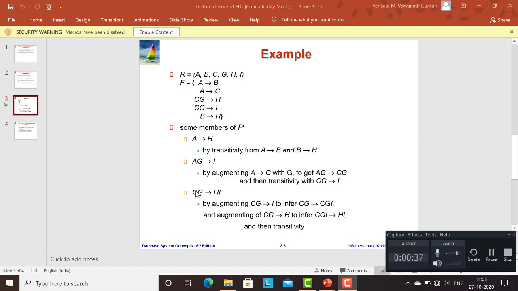So just some examples to show how Armstrong rules are self-sufficient to check for any FD. And as I said before, there is even an algorithm which can determine the closure of the given set of functional dependencies using just the Armstrong rules. That algorithm is there in the core textbook, but we will not cover that.